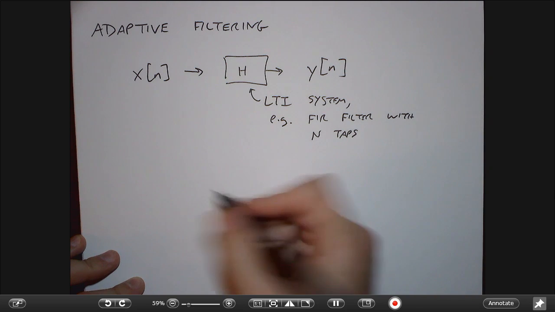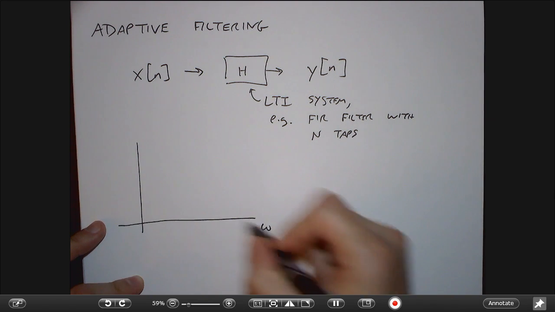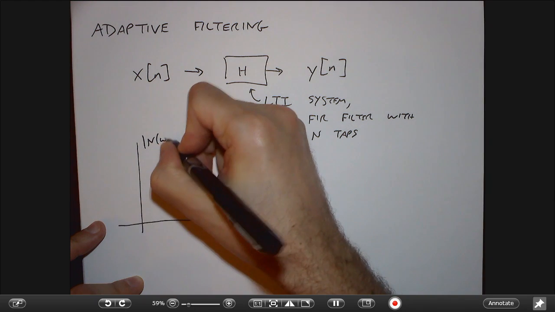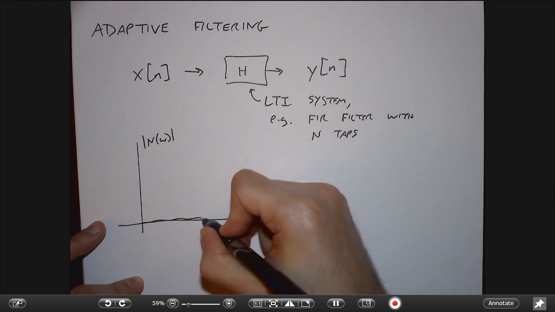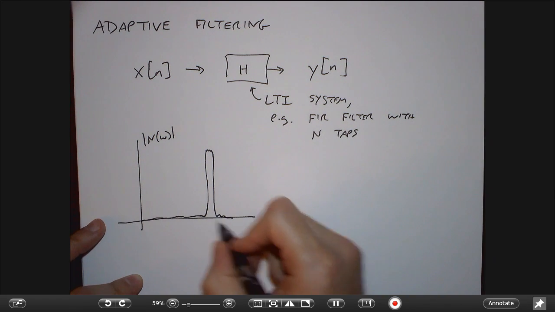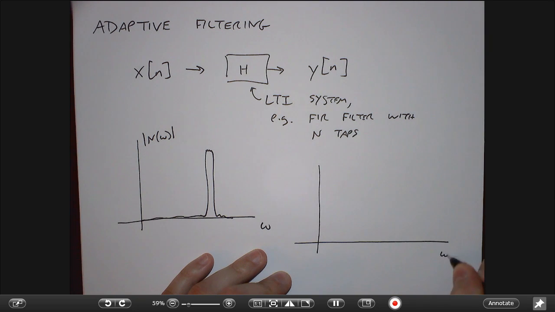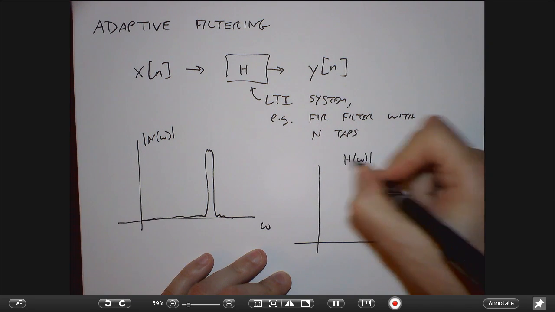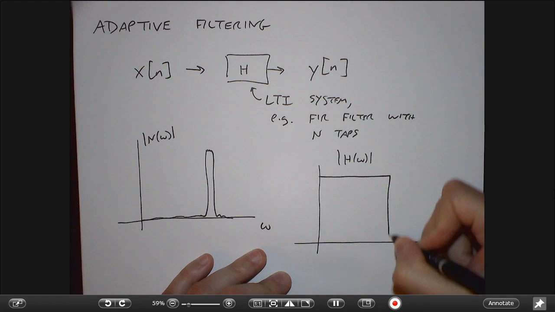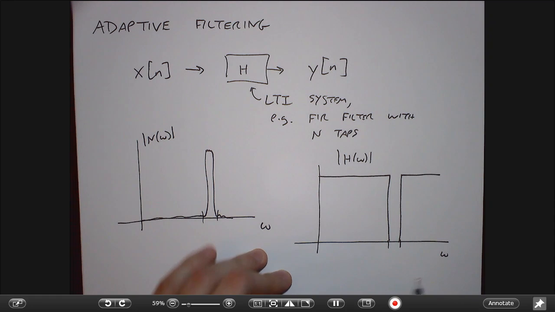For example, maybe I've got a system with some sort of noise, and that noise has a frequency response that is concentrated in some particular frequency band. Maybe what I want to do is design a corresponding filter that will pass everything and then notch out the places where this noise is, right? So this would be like a band stop filter, and we could design that.